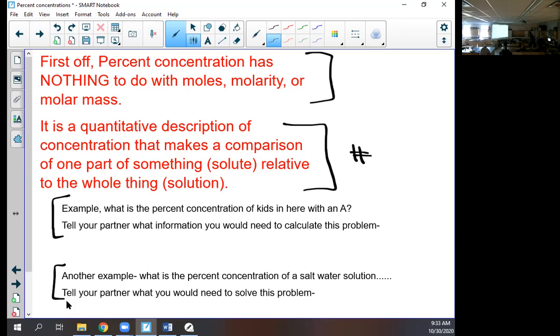An example, what is the percent concentration in kids in this class with an A? You tell your partner real quick what information you would need to know to be able to calculate that. Okay, not hard. You need to know the people with A's.